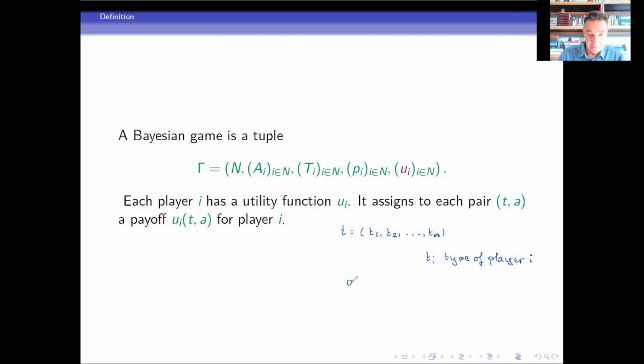And in the same way, the a is a vector: A1, A2, up to AN. Maybe we should write that Ti is an element of this set, capital Ti. And each Ai is an action of player i that he could take.